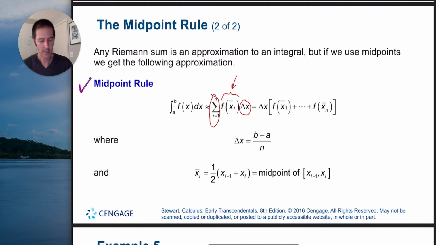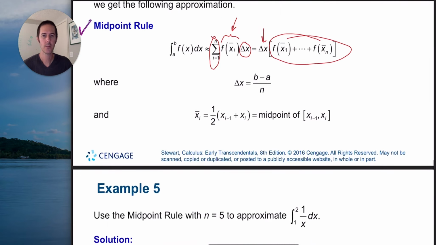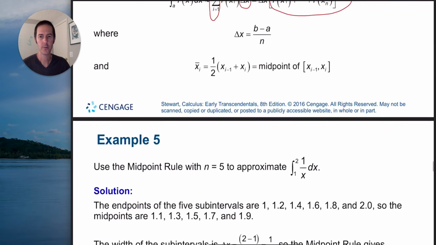And then we factored out the delta x, and we'll multiply that once we do all of the addition for the heights of those rectangles. Delta x is still equal to b minus a divided by n. And there's a little formula for calculating each of the individual midpoints for your subintervals.